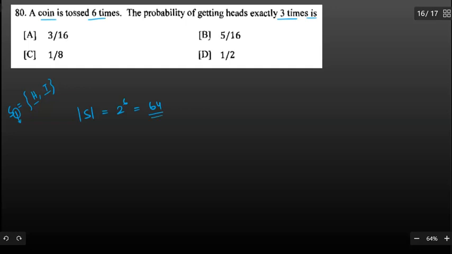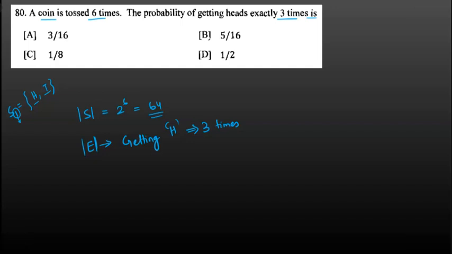Now, the probability of getting heads exactly 3 times. So the event is getting heads exactly 3 times. That means out of 6 tosses, we have to get 3 as heads.